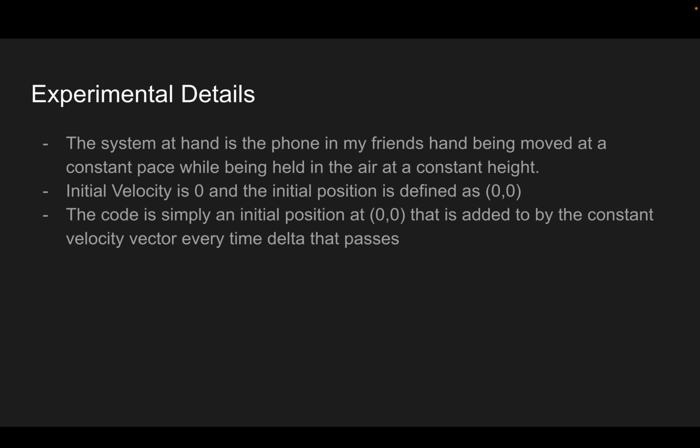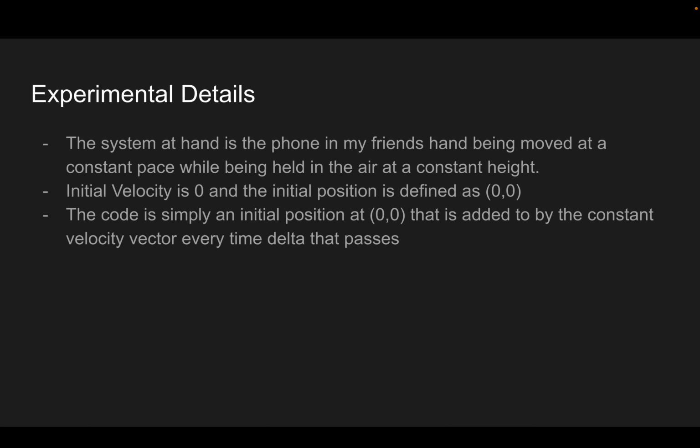And what are the actual experimental details? What we're trying to model is a phone in my friend's hand, who is moving it steadily across, and he's holding it in the air at a constant height.